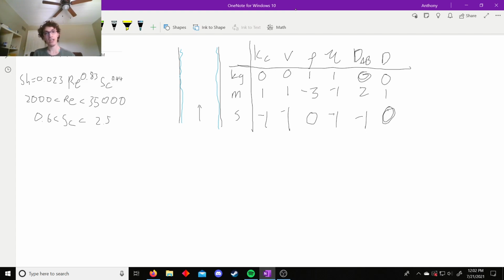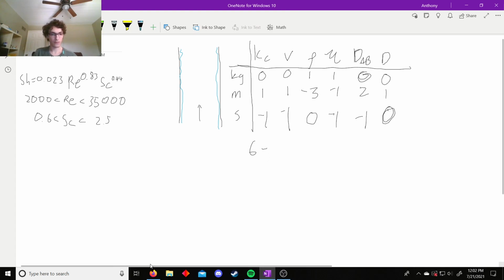Now for the Buckingham pi method, our next step is going to be to take the total number of variables, which in this case is 6, and we're going to subtract the rank of this matrix. And in order to get the rank of the matrix, we're actually going to use Python.